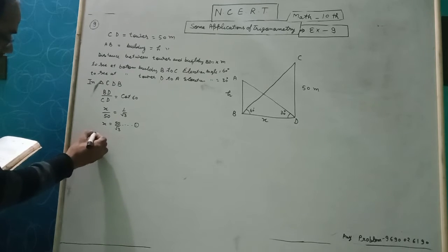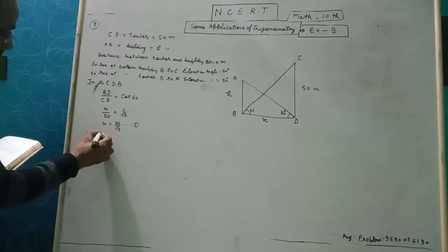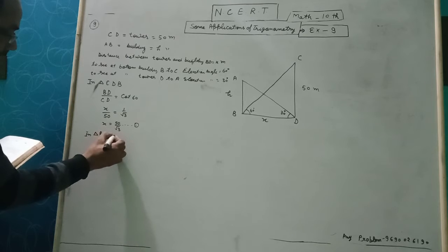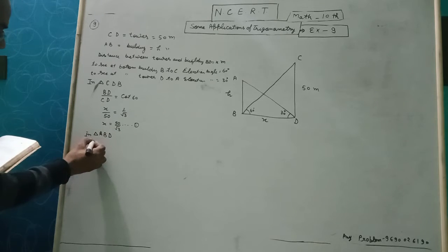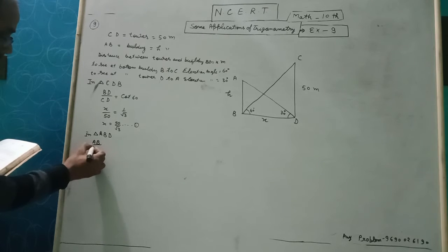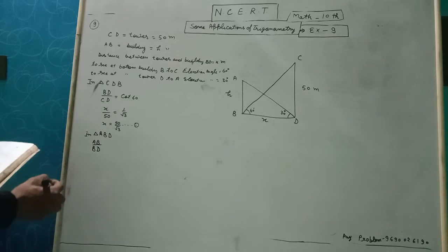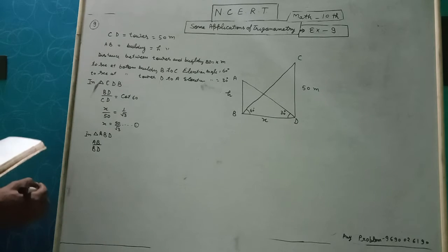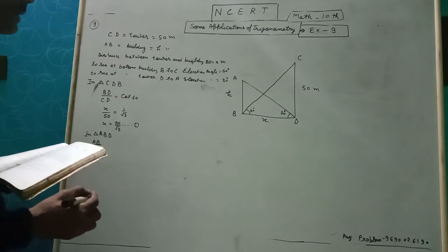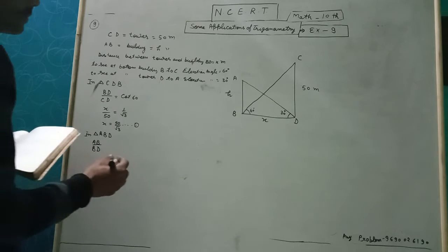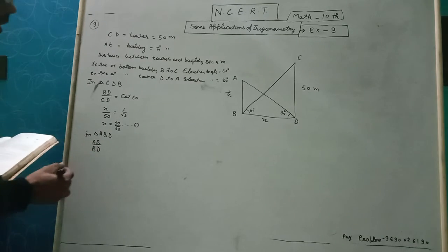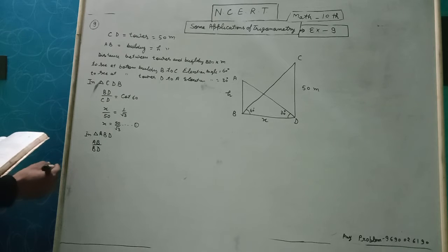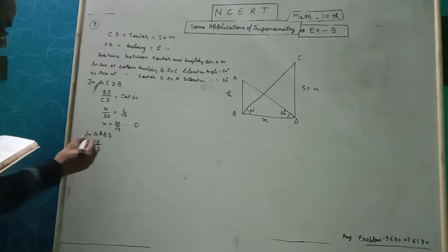In triangle ABD, B is 90, AD is hypotenuse, AB is perpendicular and BD is base.